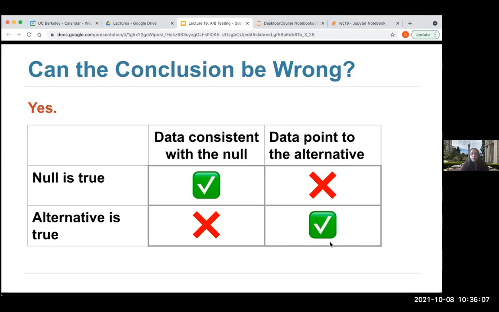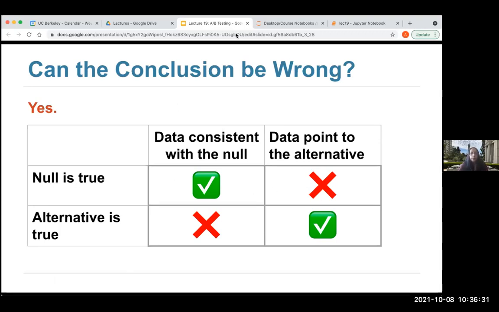In 2 of these situations, your test is giving you a good answer, right? Given that the null is true, if you conclude consistent with the null, you're doing well. If the null isn't true and you conclude alternative, then also you're doing well, but you have two ways of being wrong. There are two distinct ways.